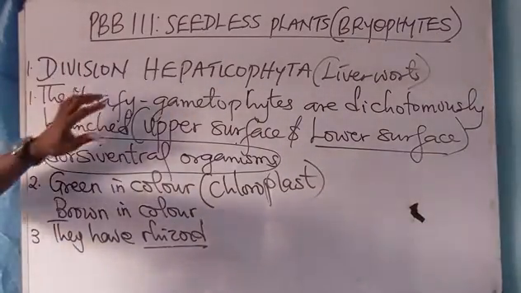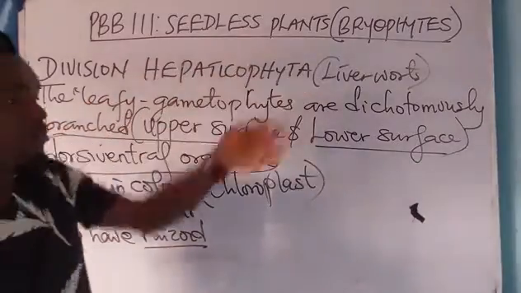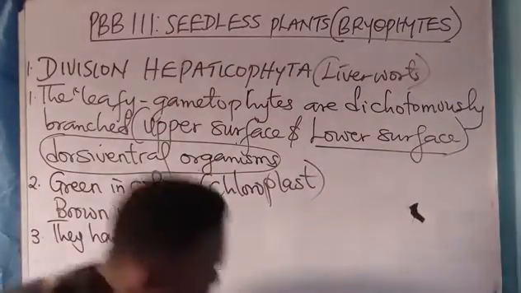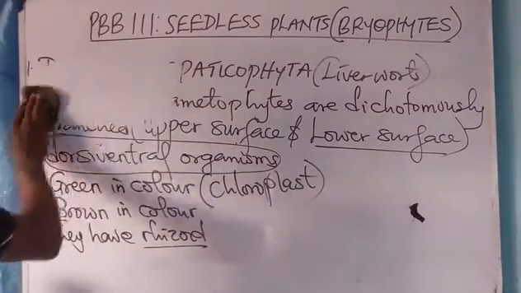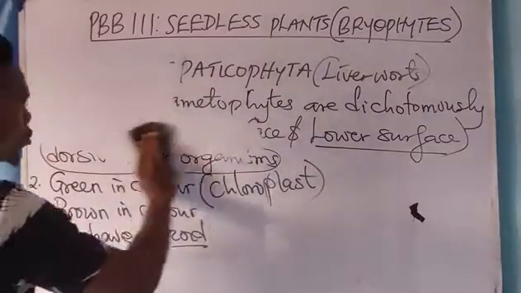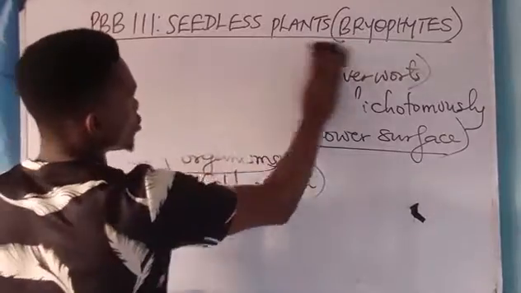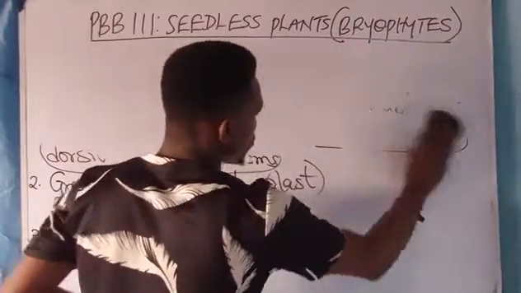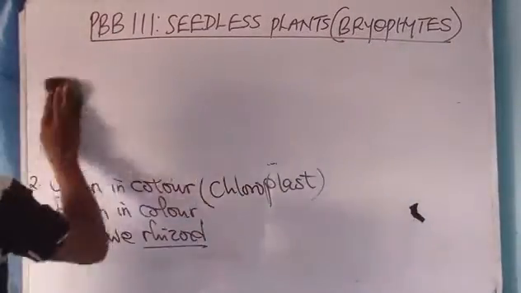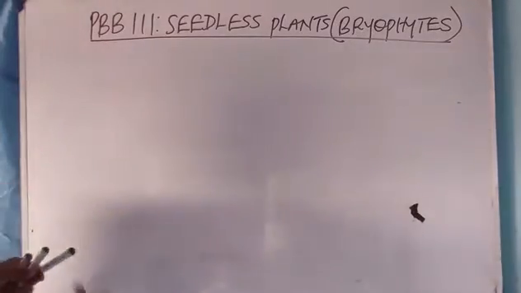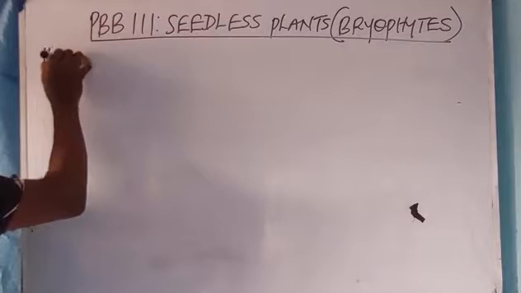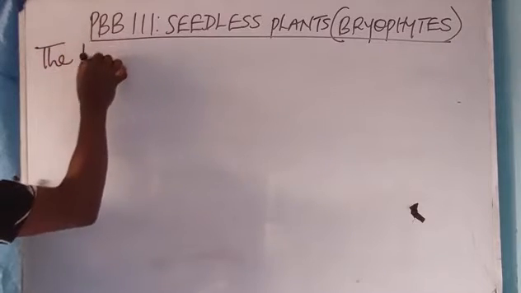These are the features of what? The hepatophyta. Now the next one is the mode of what? Reproduction. What kind of reproduction do they undergo? They undergo asexual mode of reproduction. Alright? That is the hepatophytes or the liverworts.